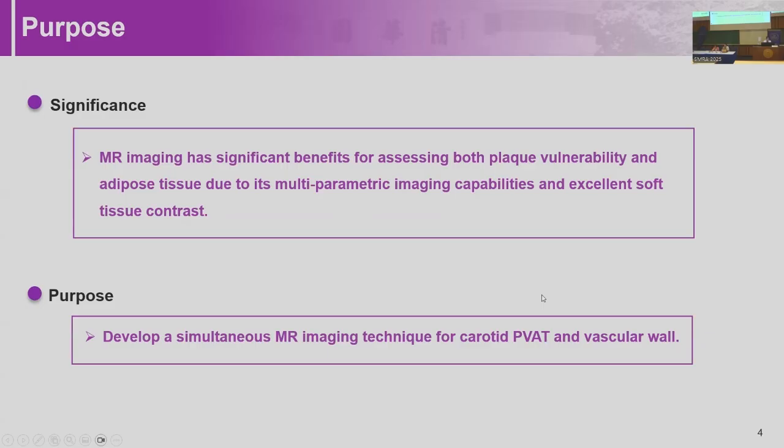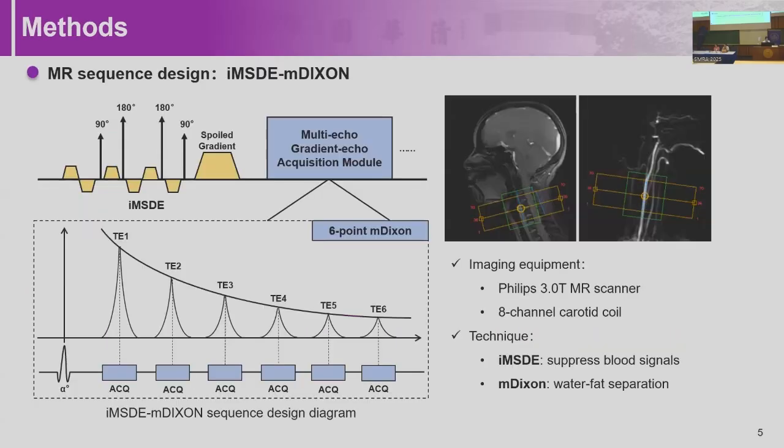As we know, MR imaging has significant benefits for assessing both plaque vulnerability and adipose tissue due to its multi-parametric imaging capabilities and excellent soft tissue contrast. Therefore, our study aimed to develop a simultaneous MR imaging technique for carotid PVAT and vascular wall.